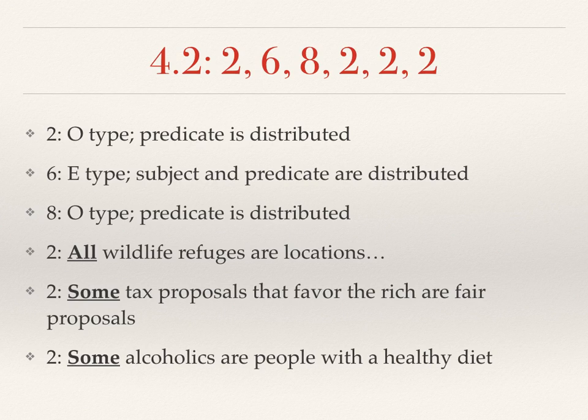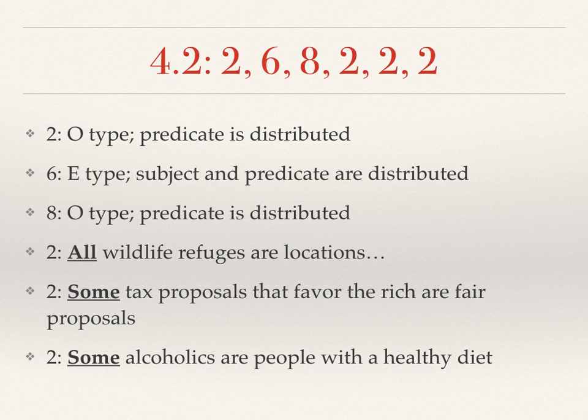Yeah, 6 is an E-type. Subject and predicate are distributed. Actually, no, 2. That's a mistake. No, that's right. Predicate is distributed. 6, E-type, subject and predicate are distributed. 8 is O-type, predicate is distributed, and it's a particular quantity and negative quality.